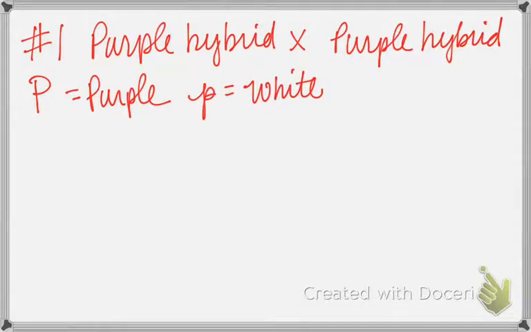How come we use the letter P for both the purple and the white? Yes? Because it was kind of like the same gene, how one's dominant and one's recessive. Exactly. We're talking about the same gene, the same position on a chromosome. So that's why we're going to use the same letter. Okay? And we use the capital P to represent the dominant trait and the lowercase to represent the white trait.